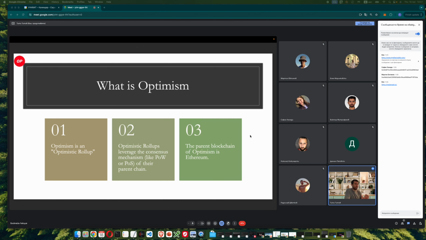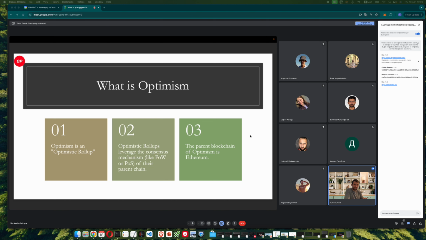So first of all, what is Optimism? I gave a similar definition in the first lecture, but I will go through it again. It is an optimistic rollup. It uses the consensus mechanism of the underlying blockchain, the parent chain. In this case, it could be proof of work or proof of stake.